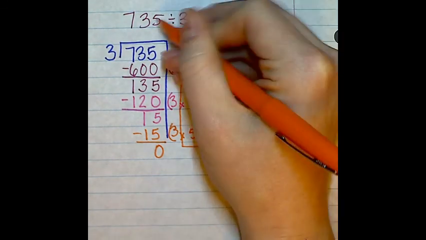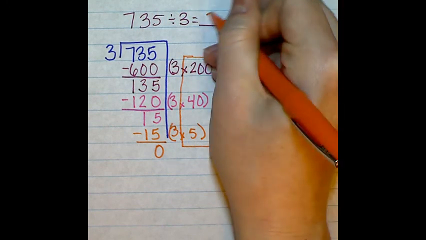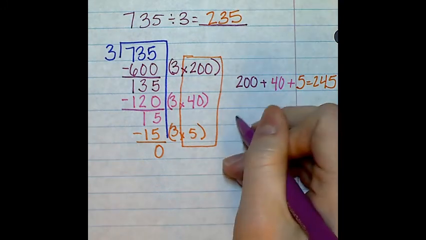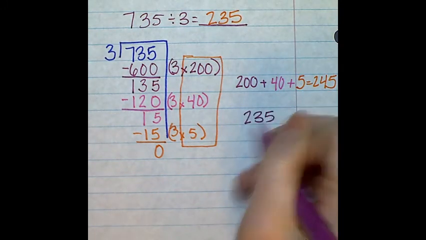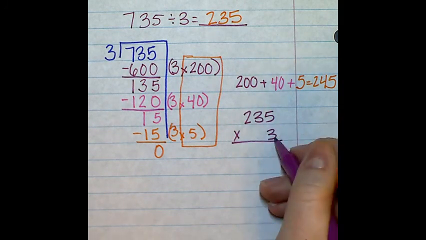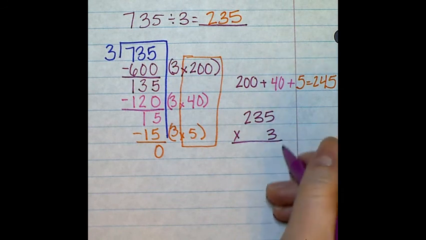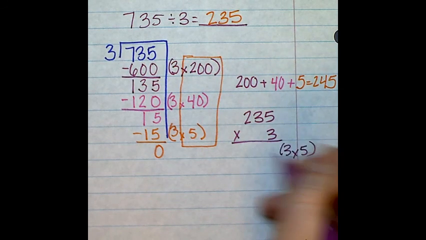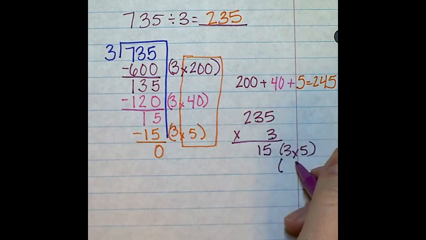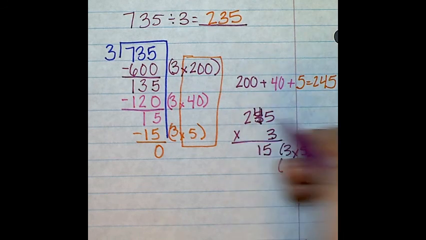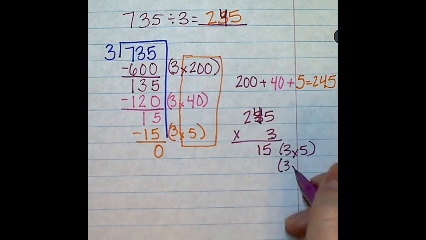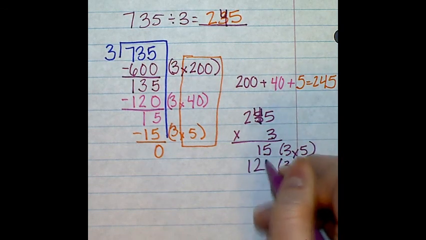So 735 divided by 3 equals 235. I'm going to go ahead and check my work by multiplying 235 times 3, since we have 3 groups of 235. 5 ones times 3 ones equals 15 ones. 3 ones times 4 tens, sorry, that should be 4. 3 ones times 4 tens equals 12 tens, or 120.